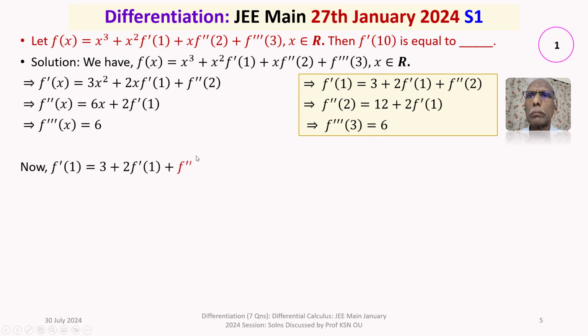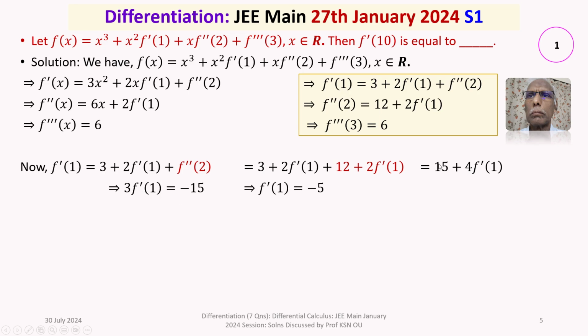In that we see f double prime 2. The value of f double prime 2 is 12 plus 2 times f prime 1. Substitute here. Then simplify. You will get 15 plus 4 times f prime 1, that is equal to f prime 1. That implies 3 times f prime 1 is minus 15. Yes, minus 15. Therefore, f prime 1 is minus 5.